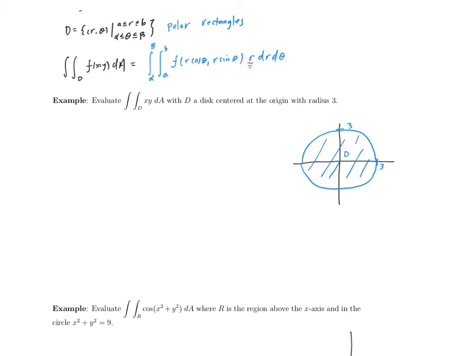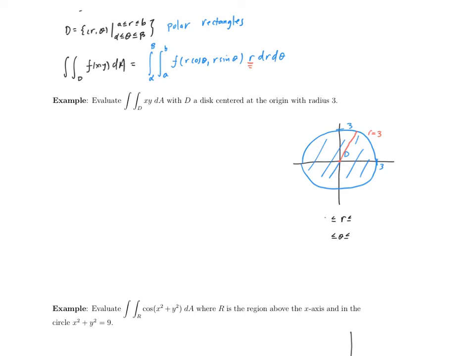To describe this polar rectangle, we would like to indicate how the r values are varying and how the theta values are varying. Note r equals 0 puts you at the origin, and the r values vary from 0 all the way up until you hit that outside circle, which is r equals 3.